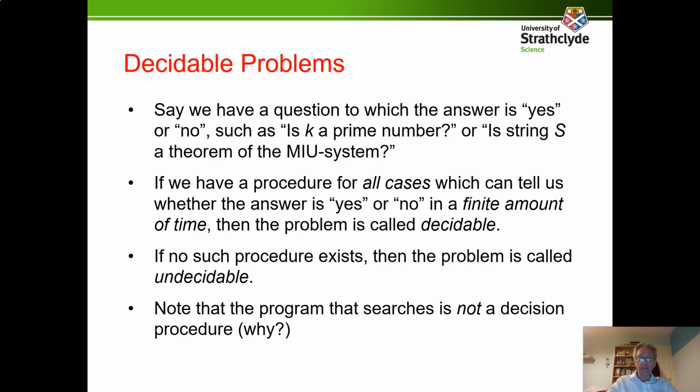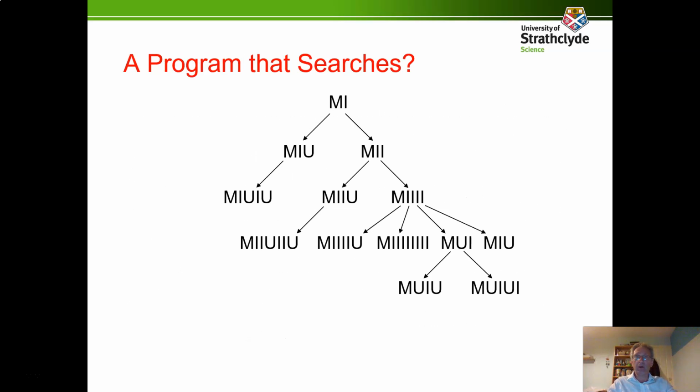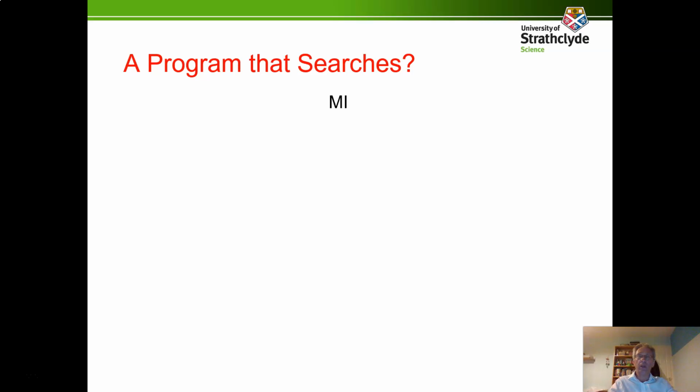One of the things is that the program that I talked about that searches for the thing is not a decision procedure. Why? Well, let's say I set my program that searches, and as input I say, I'd like you to search for the string XYZ.